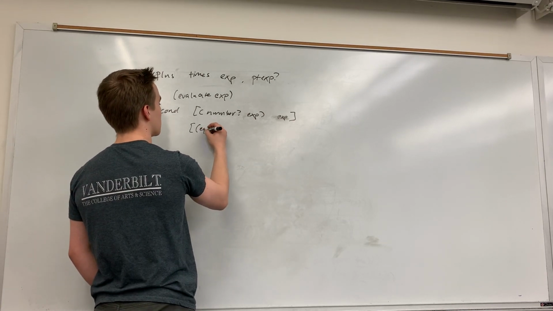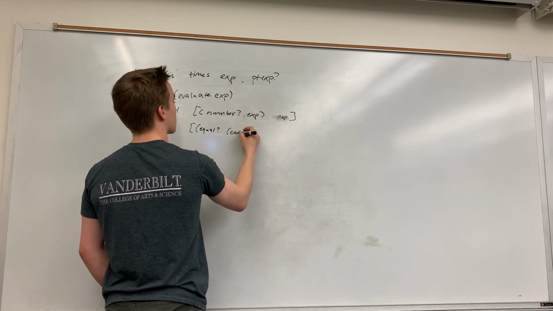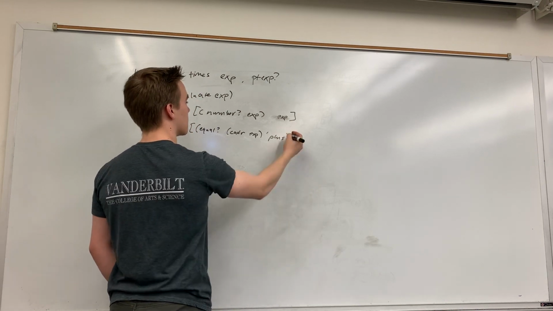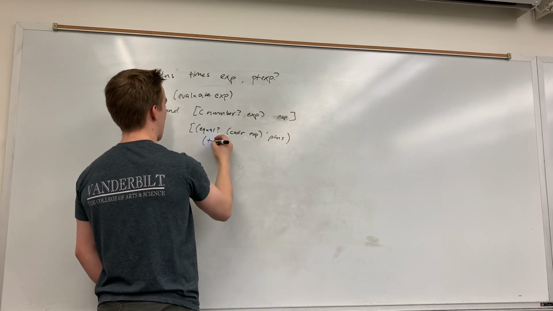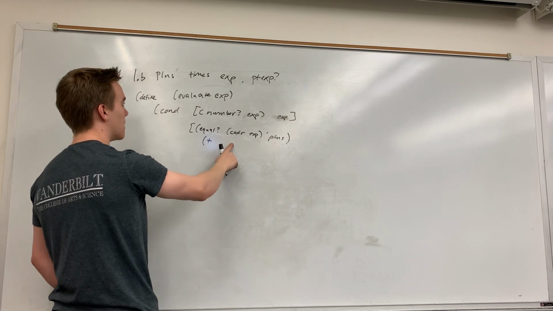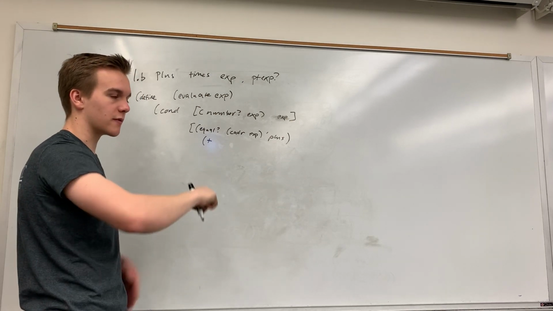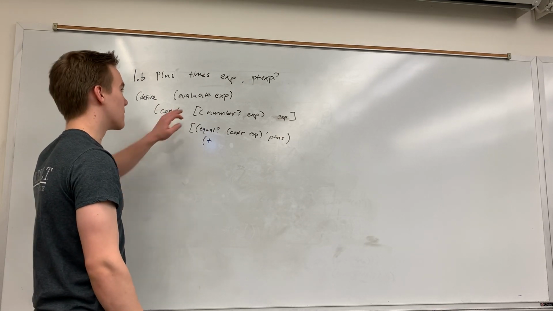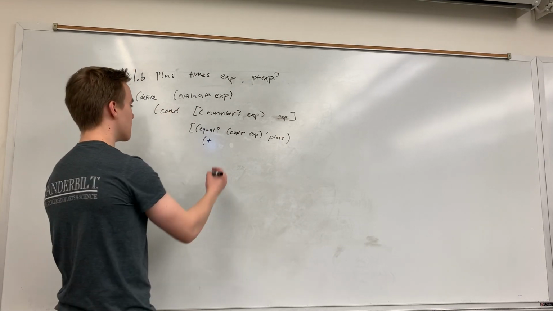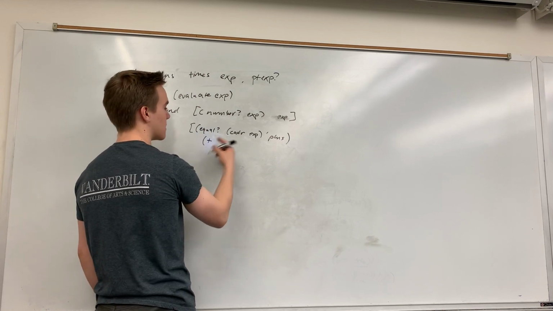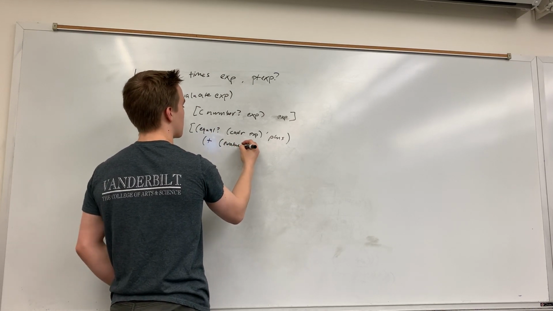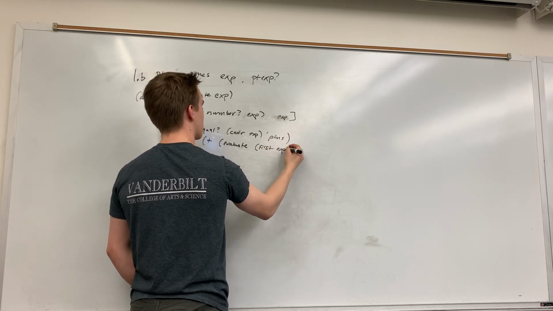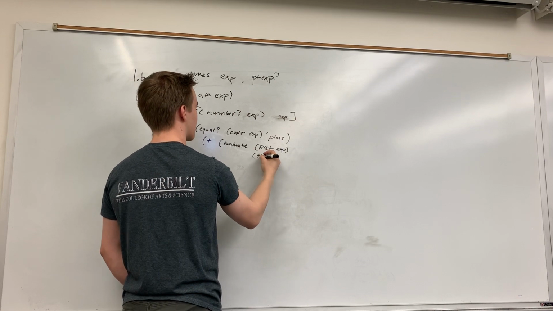So I'll say equal cadr expression plus. In that case, I'm going to add. So the key here is I'm not adding the first and the third element. I'm actually going to be adding what I get when I evaluate both of them. Okay, so I need to make sure I say plus evaluate, and I'm going to try to make this easier for myself with first expression and third expression.